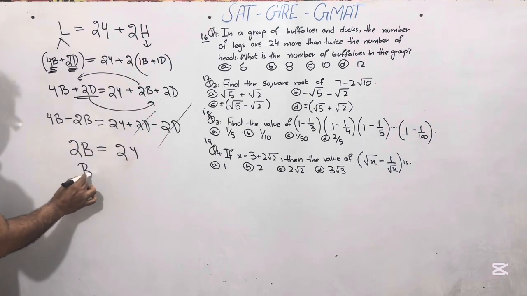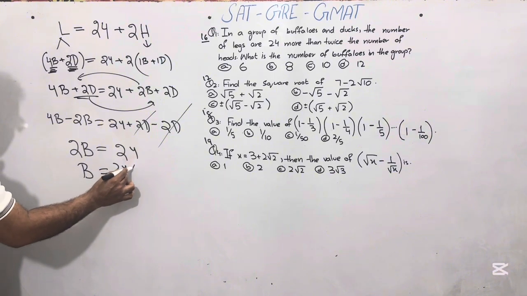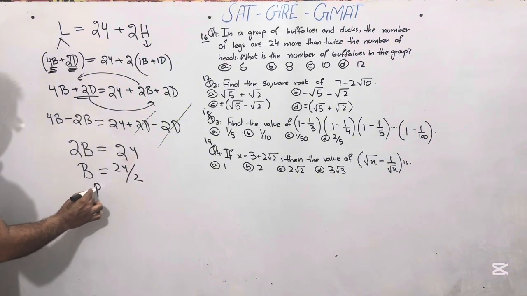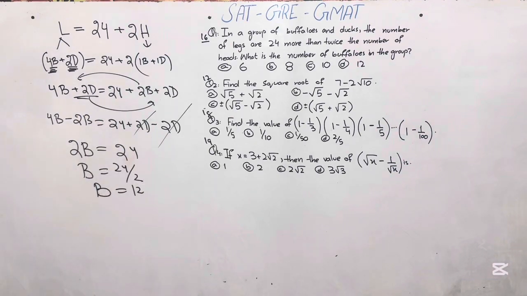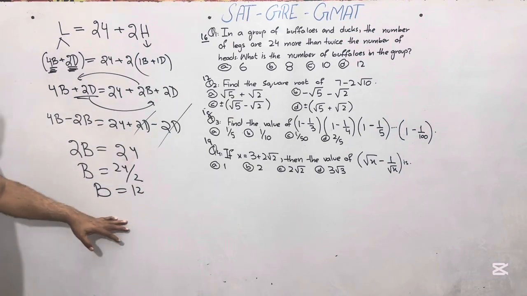Solving for B, B is 24 over 2. So the number of buffaloes is 12.